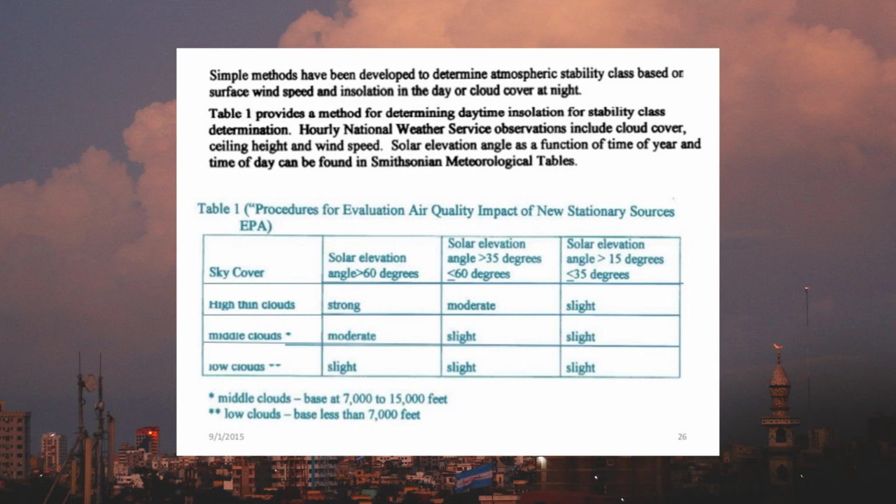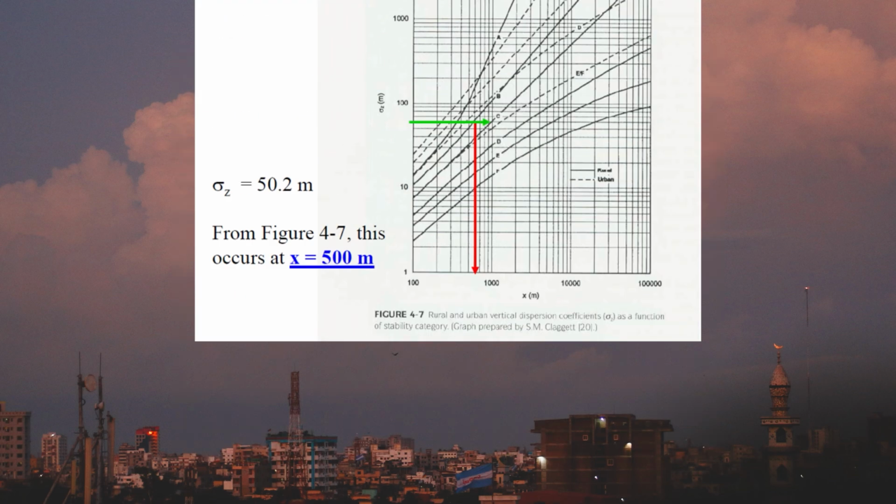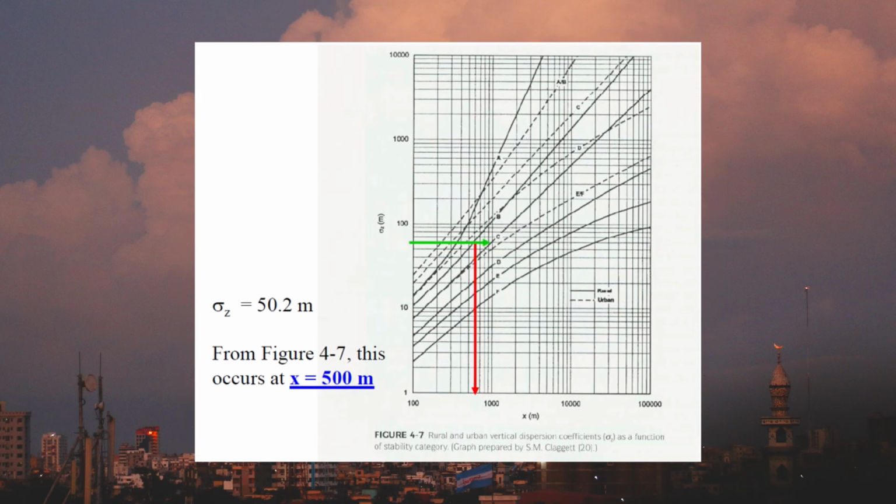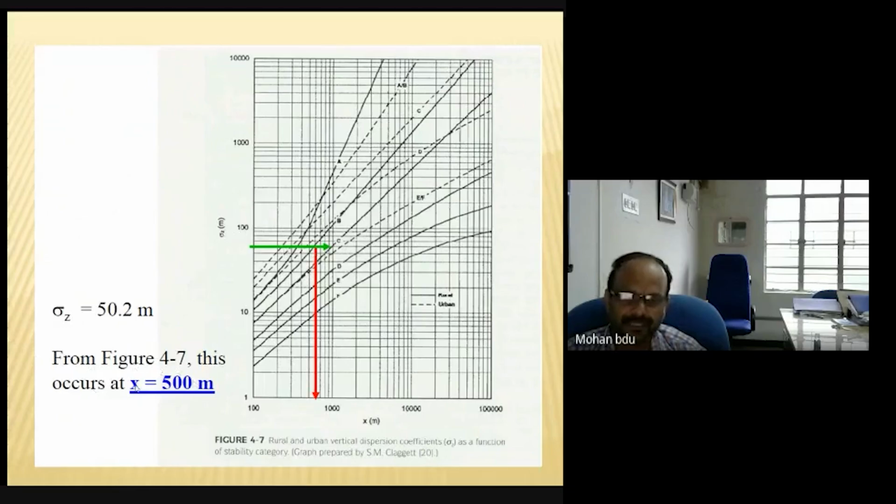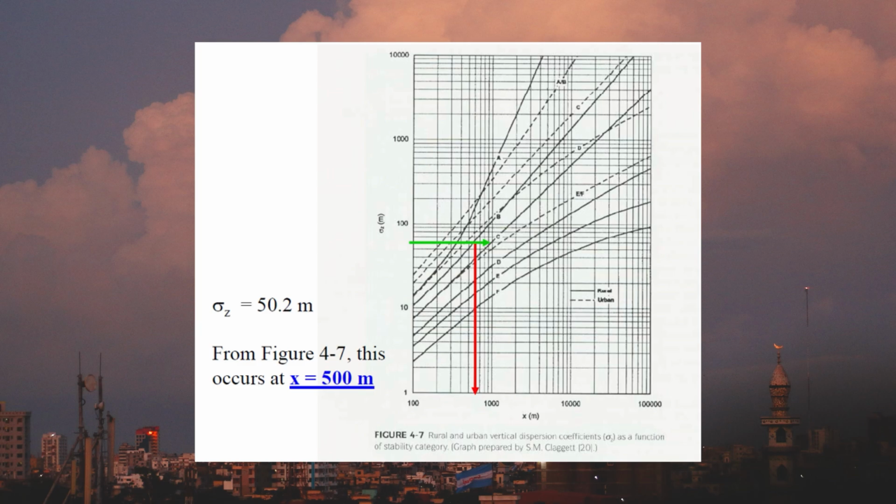So based on these classes, it depends on the solar radiation and also the wind speed. Based on these two, you can find out the values for x and y. Here you can see, from figures 4 to 7, x is 500 meters. This is the diffusion parameter, which is arrived at using this table, that is the stability class.